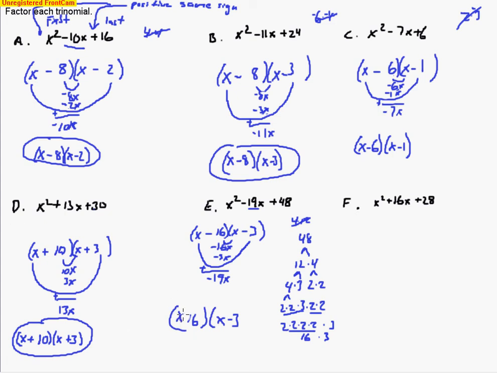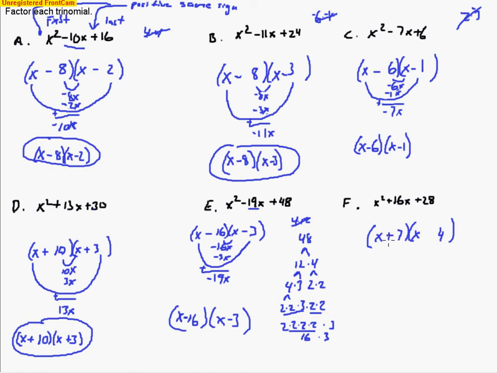So let's try another one here. We've got x squared plus 16x plus 28. Well, that doesn't seem too bad. 28 is not such a big number. And the one most often tried first would be 7 and 4, because a lot of people think of 7 times 4. Yeah, that makes 28.